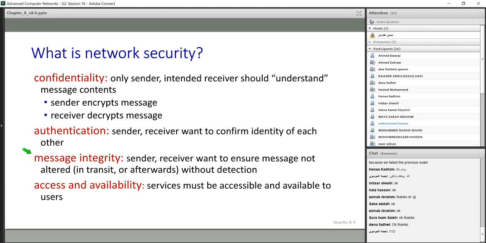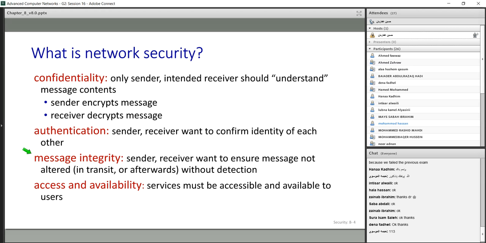the intruder tries to send lots of requests to a server. The server would be congested, and so the server could not answer the real requests, the legal requests. So I'm a legal user.